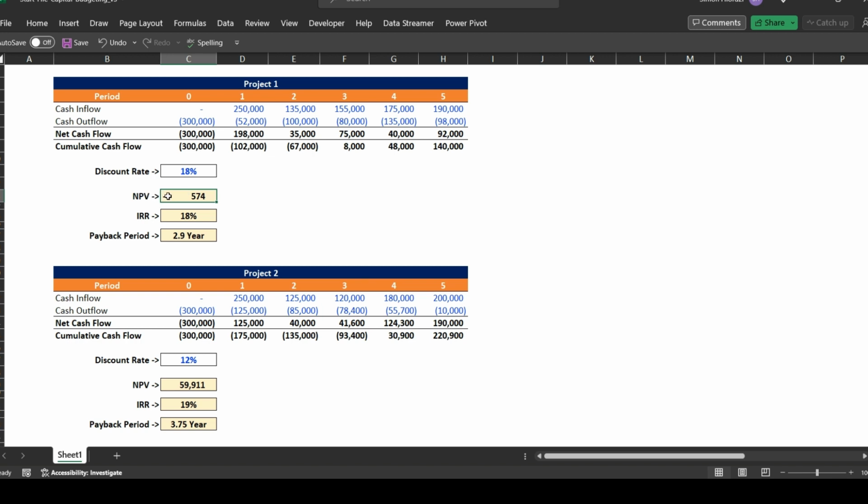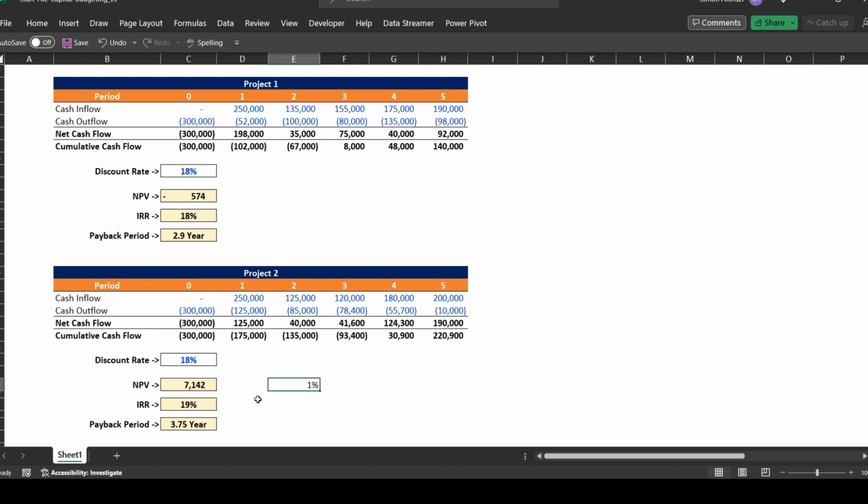This means that this project will not be accepted. And again, when this one also increases to 18, we still have a positive NPV because we still have 1% extra return for the shareholders.